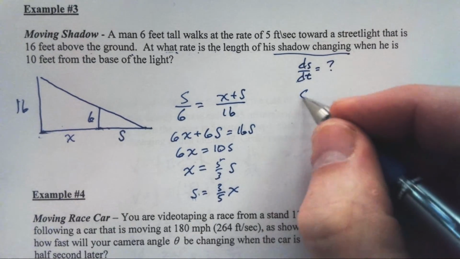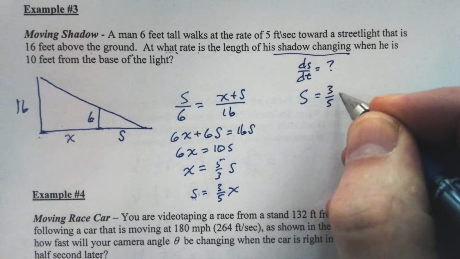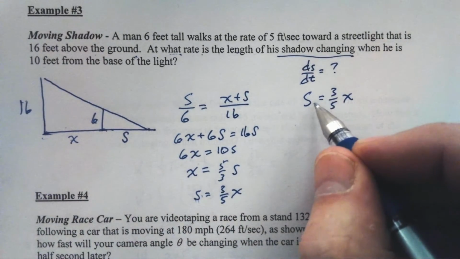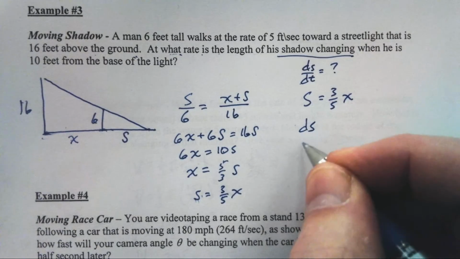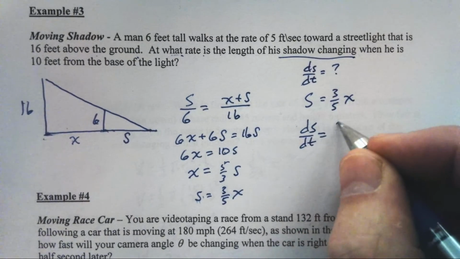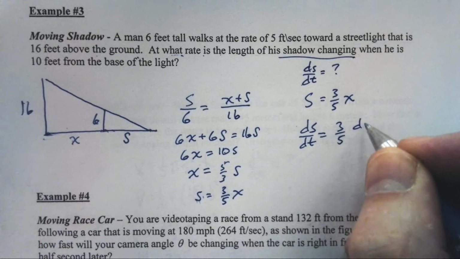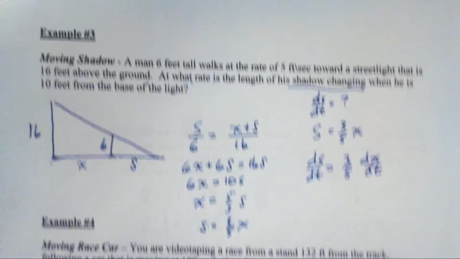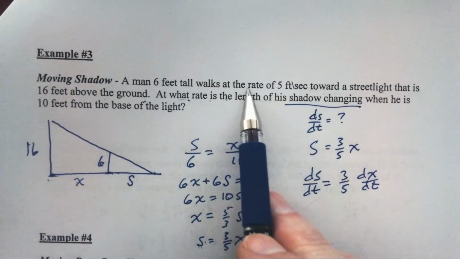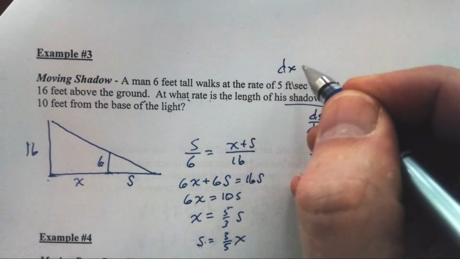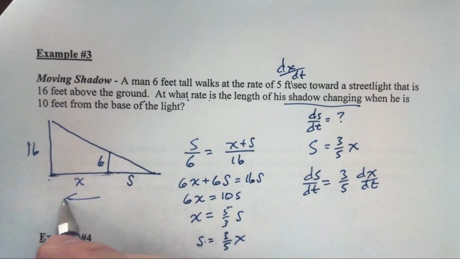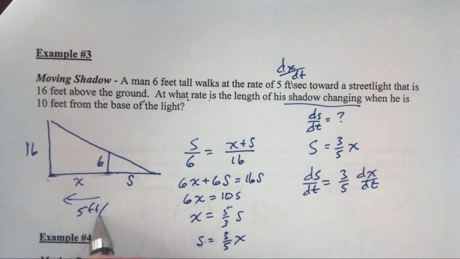So if I start with s equals 3/5 x, we haven't talked about the 10 yet, but I'm going to go ahead and find my ds/dt. It equals 3/5 just dx/dt. If only I knew dx/dt. Well, we're moving toward here at a rate of 5 feet per second.